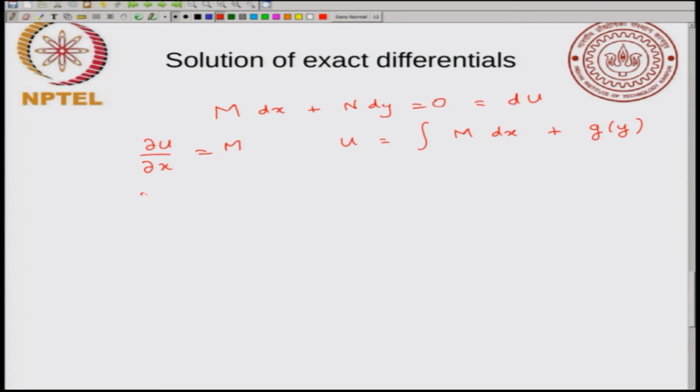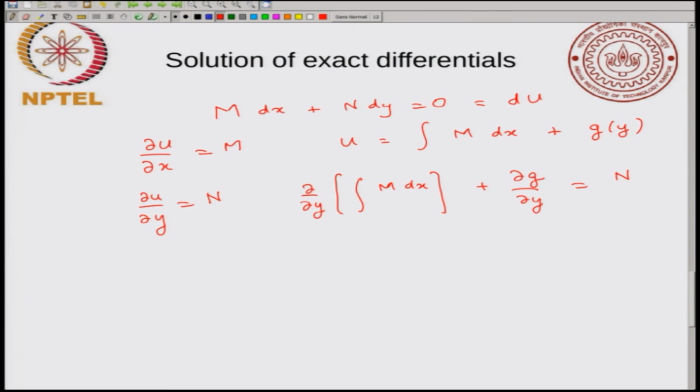Then you had ∂u/∂y equal to N. So, therefore, I can write ∂u/∂y as ∂/∂y of integral M dx plus ∂g/∂y equal to N, okay. And this allowed us to solve for g; this gives a differential equation in g.